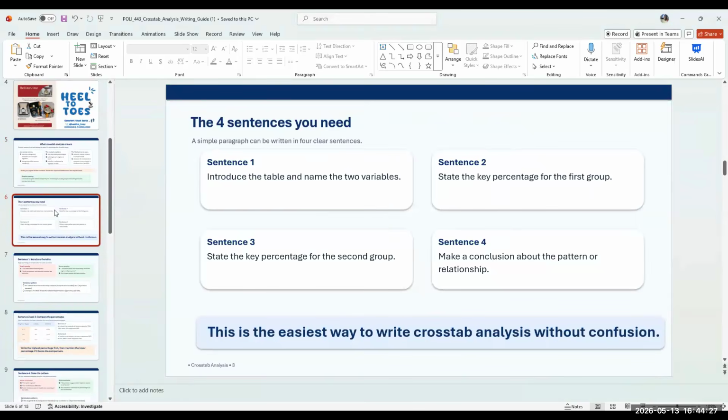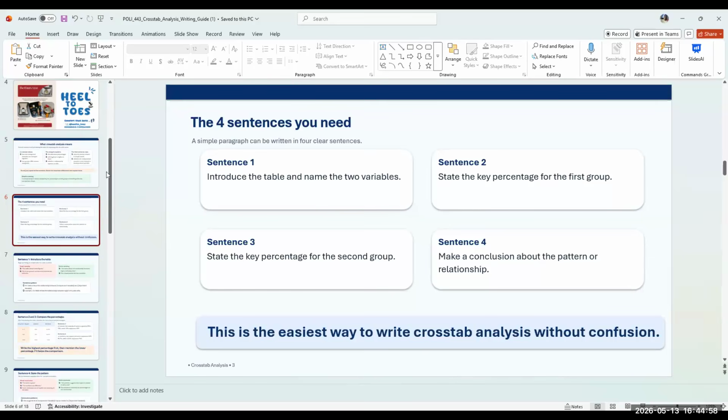So I came up with four sentences you need when you are doing a crosstab analysis. Sentence 1: introduce the table and name the two variables. So if the variables are, let's say, region and party vote, mention them. Sentence 2: state the key percentage for the first group.